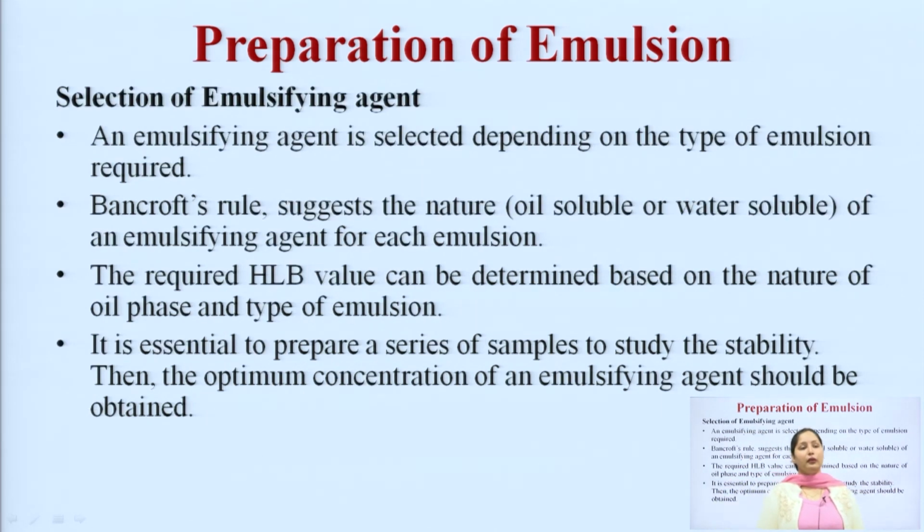So, the concept is that according to the type of emulsion we have to prepare, we choose the type of emulsifying agent. Keeping in mind the Bancroft rule, which says that the nature of the emulsifying agent will decide the type of emulsion. We also keep in mind the HLB value of the emulsifying agent to make a stable emulsion.